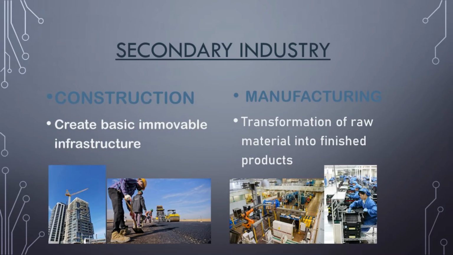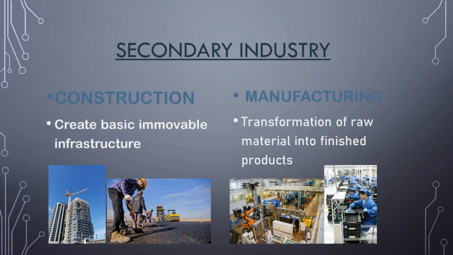Now, as you can see, secondary industries can be further classified into manufacturing industries and construction industries. Now let's understand these. Manufacturing industries are the industries which are concerned with the processing and transformation of raw materials into finished products.